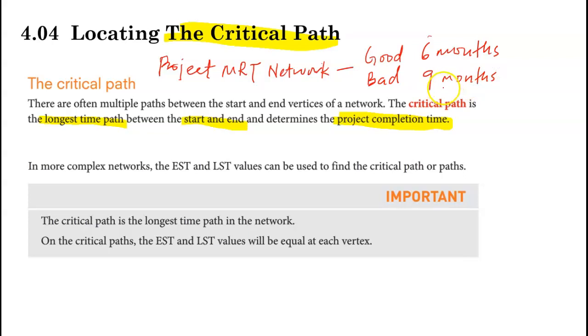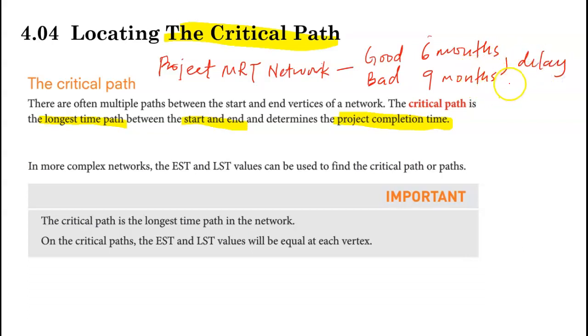So when you are tendering for the project, which one would you submit for the tender? Would you go for 6 or 9? If you go for 6, what will happen should the worst case scenario actually happen? Therefore, you will have to pay penalty because there's a delay. If you go for this, you will have a delay.